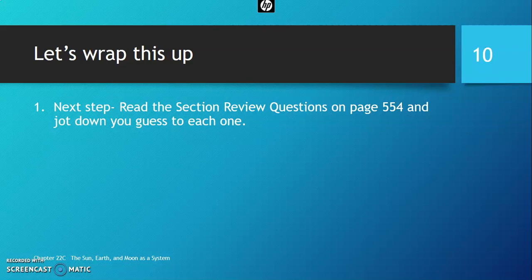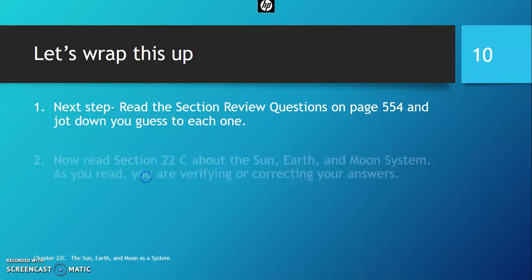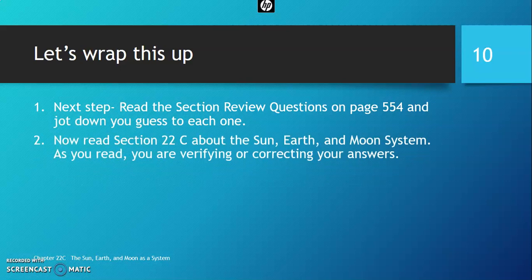Some of those you'll probably guess right, a couple of them you might guess wrong, but the idea is you write down your guesses so that when we go to the next step, as you read section 22C about the sun, earth, and the moon as a system, you are verifying or correcting those guesses, all right? That will help you to read with purpose, and that gives you some structure to help you understand what you're reading instead of just reading it blind. That's why we do this pre-reading.